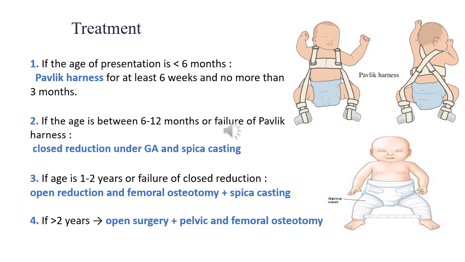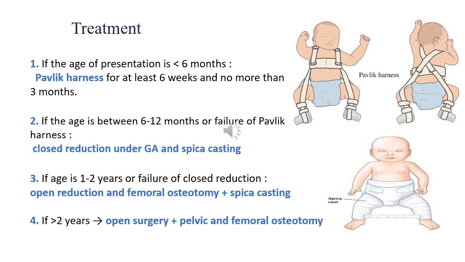Now, if the patient is older than 1 year of age, or if the baby fails the previous treatment methods, like the closed reduction, then the ideal treatment would be surgical by performing an open reduction.